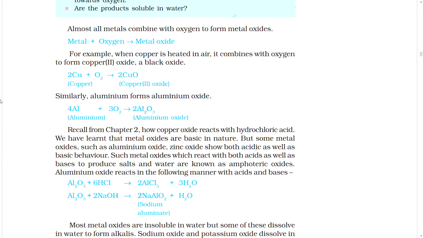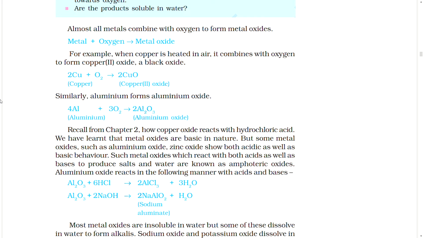We have learned that metal oxides are basic in nature, but some metal oxides such as aluminium oxide and zinc oxide show both acidic as well as basic behavior. Such metal oxides which react with both acids as well as bases to produce salts and water are known as amphoteric oxides.